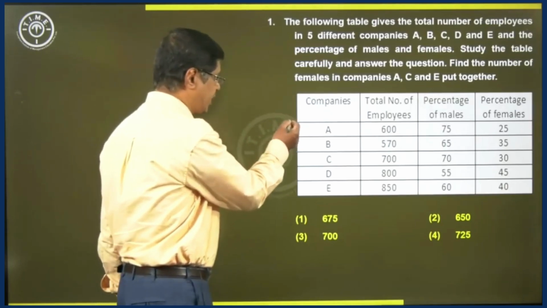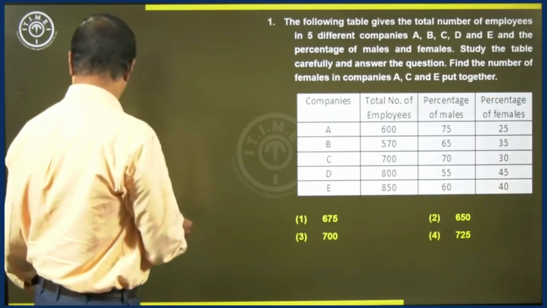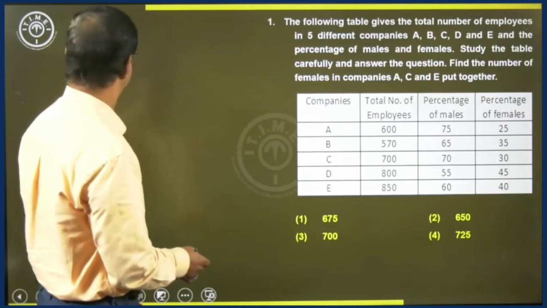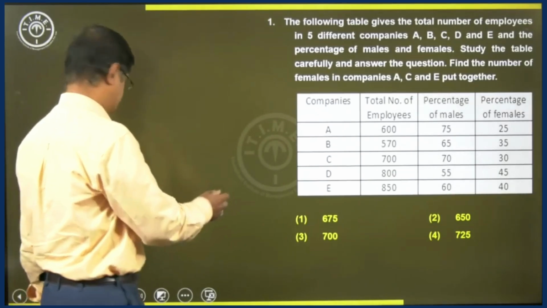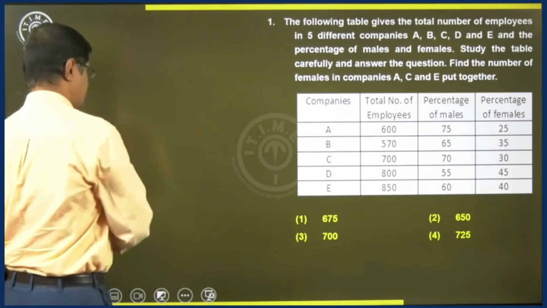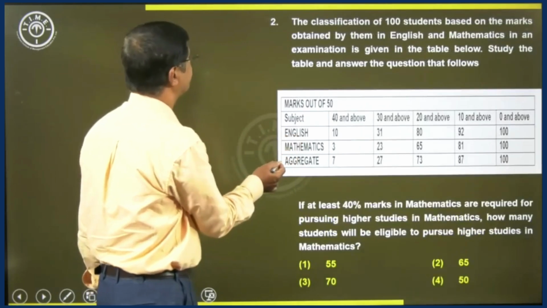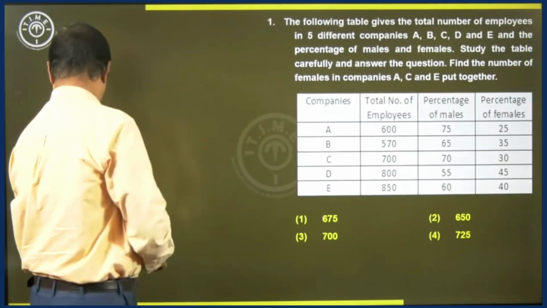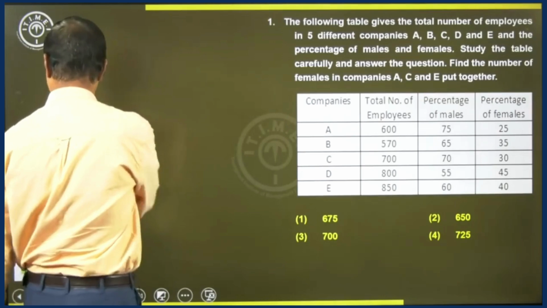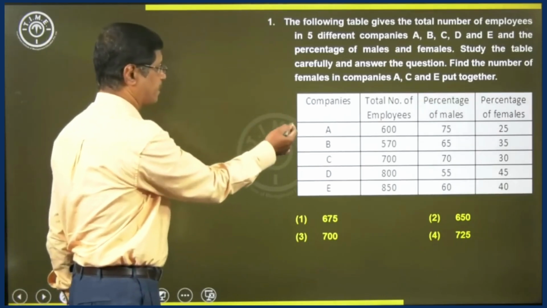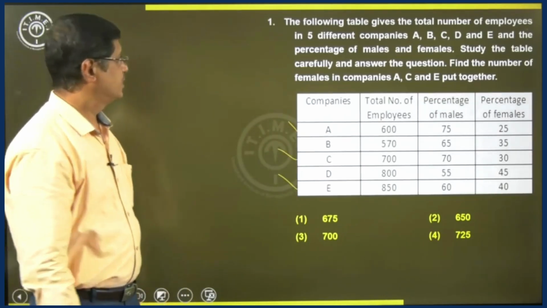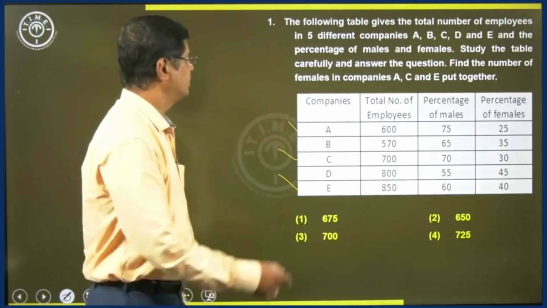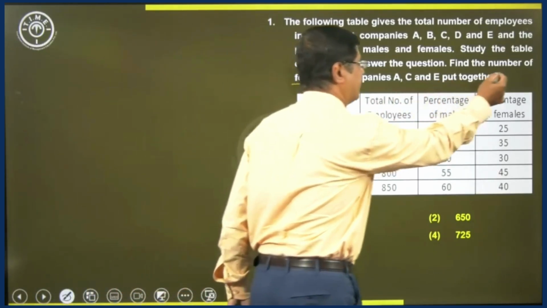So just observe A, C and E. These are the 3 companies whose female numbers are to be found.